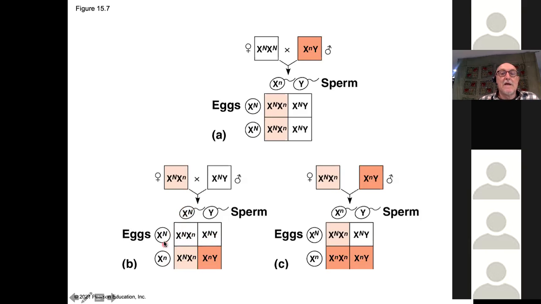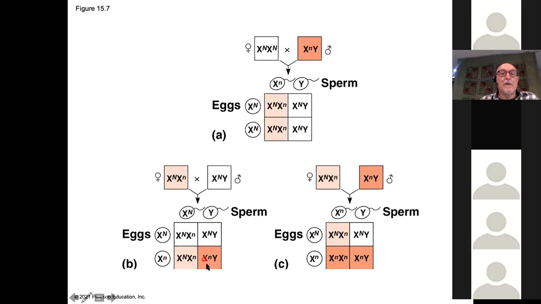Look at the males. He inherits the normal allele from the mother and a Y chromosome, normal vision. But look here. We've got a Y chromosome and the recessive allele. This child is going to be colorblind. They've inherited the recessive allele from the carrier mother, and they've inherited a Y chromosome from the father.